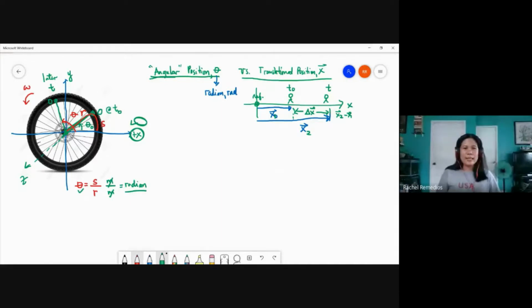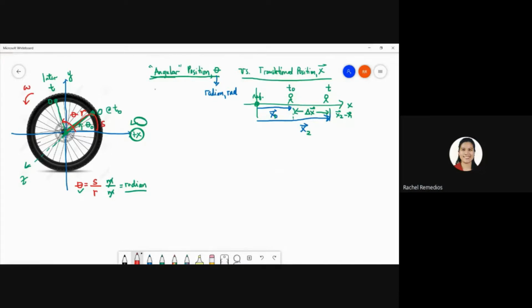Okay? So, in other words, we say that theta sub naught is initial angular position. Or pwedeng 1 na lang siguro para consistent tayo. Ayan, 1. And then si theta 2, that's final angular position.